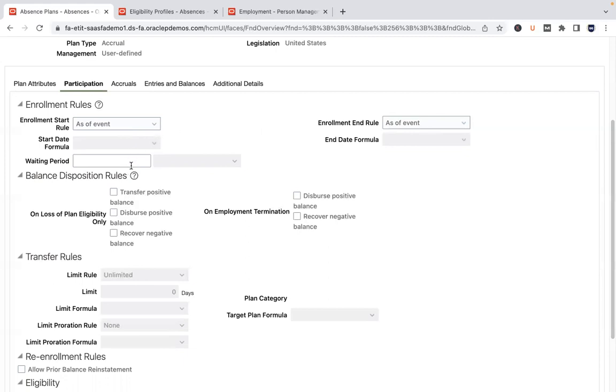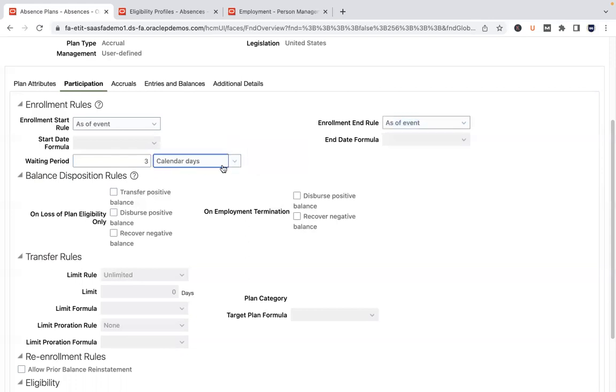You have something called a waiting period here. There are two periods available in Fusion Absence Management: waiting period and vesting period. Waiting period means some clients might say that whenever a new employee joins us, we will make them wait for 3 months before they become eligible for a leave plan.